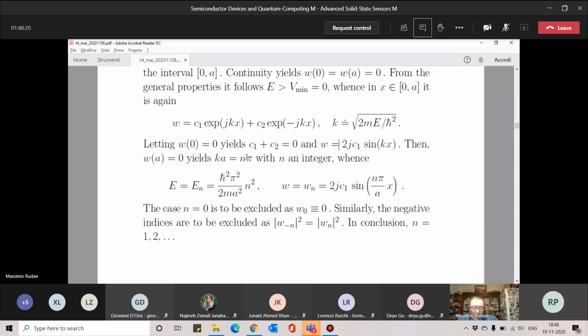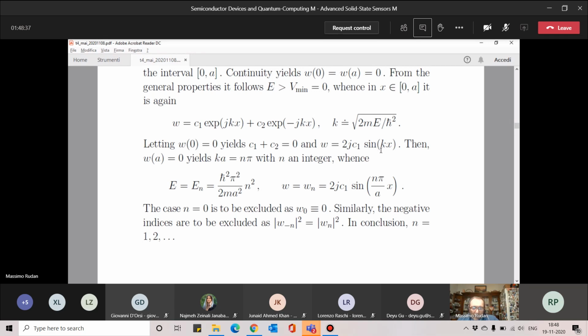What is the outcome of this integer? Well, a, of course, is given because it is the width of the box. Pi is given, so this is the definition of the possible k.